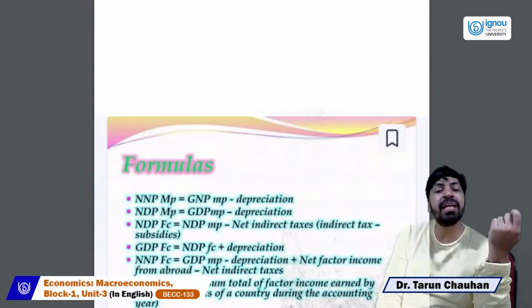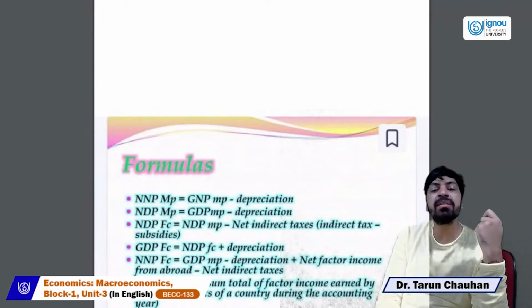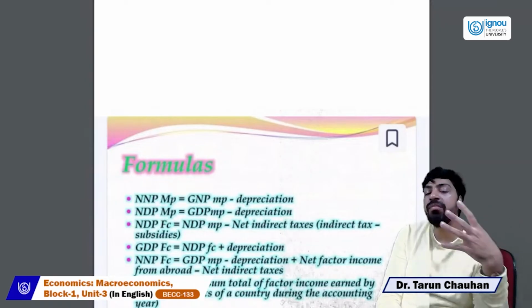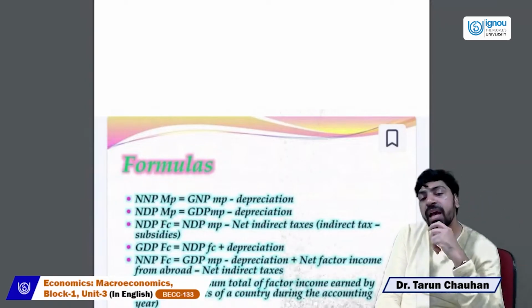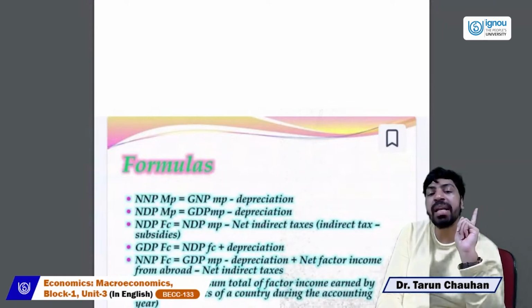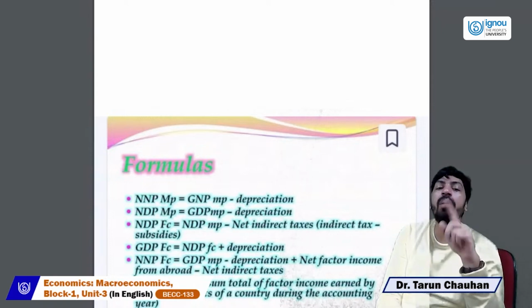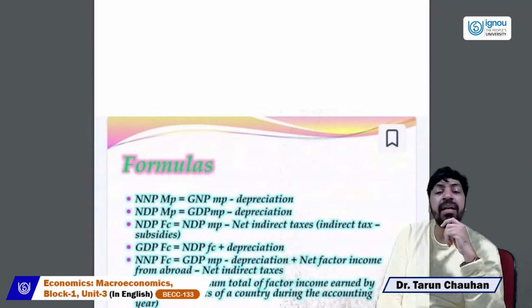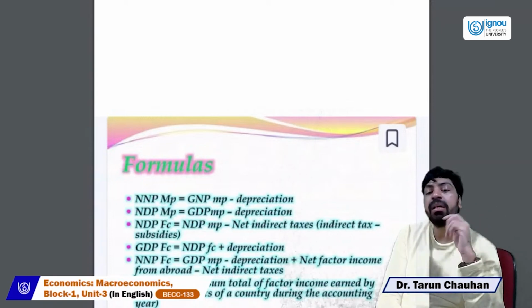So net national product at market price is equal to, what would be the formula? How has the depreciation been deducted? Because when you convert gross to net, that means depreciation is to be deducted.